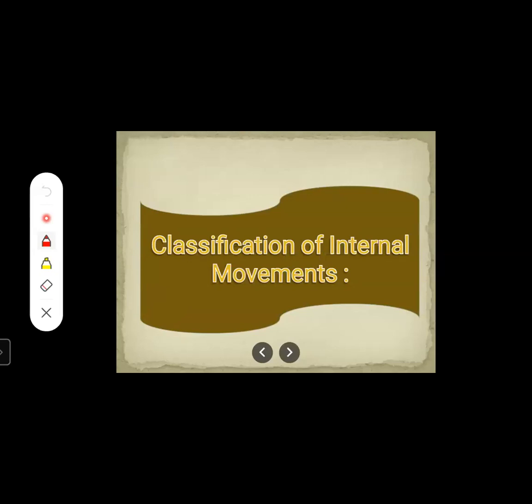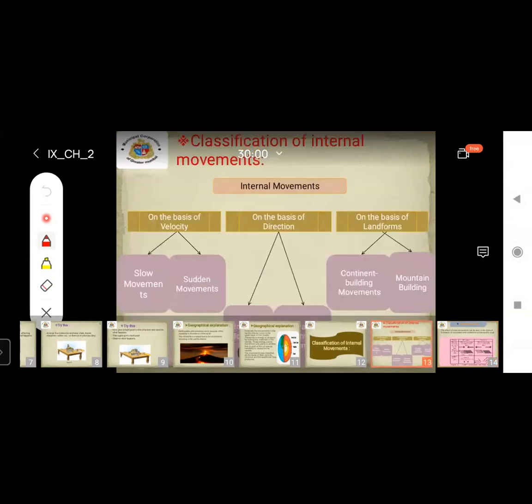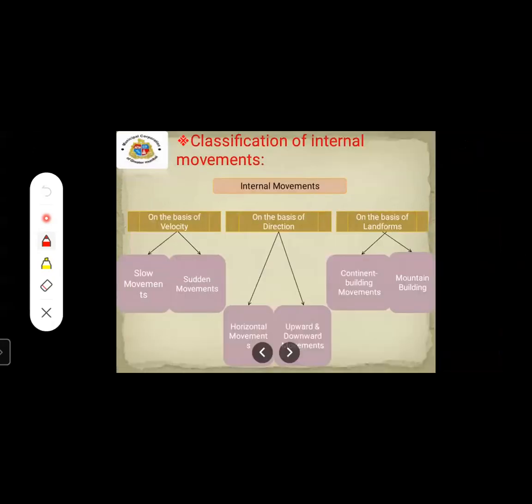How it is divided, we are going to see. There is a chart, students. Yes, see this. Classification of internal movements. Now these internal movements are classified in three forms. That is on the basis of velocity, on the basis of direction, and on the basis of landforms.